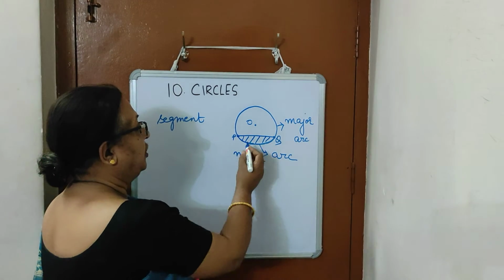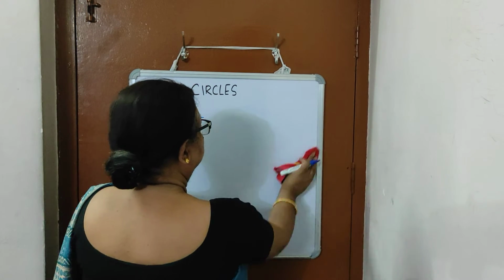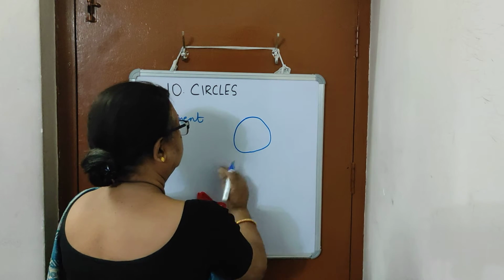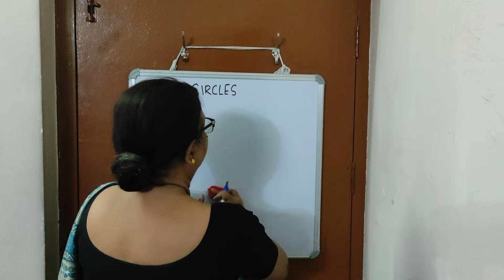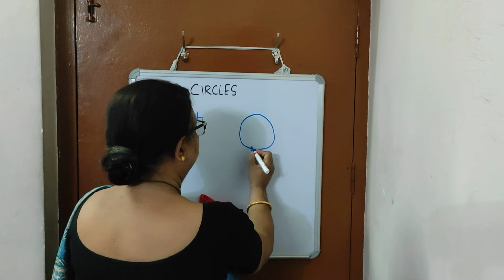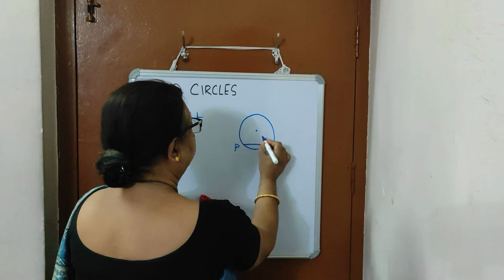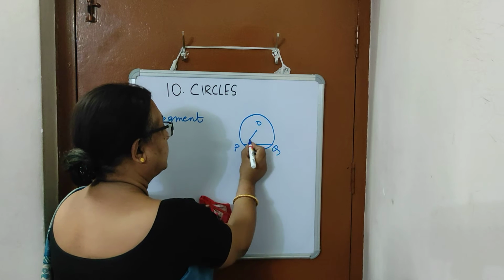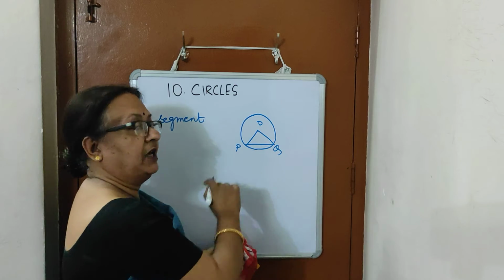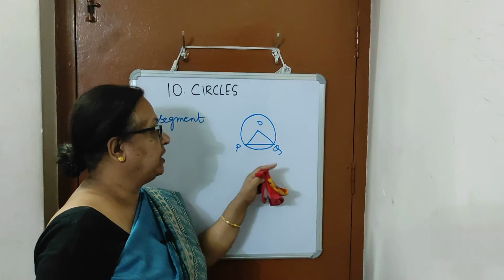Now suppose you join the endpoints of the chord to the center. OP is the radius of the circle, OQ is again the radius of the circle, and PQ is a chord of the circle.